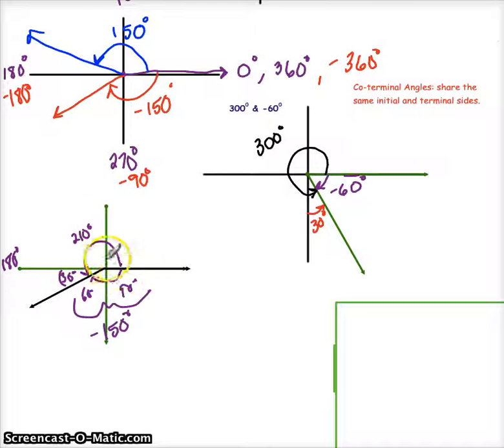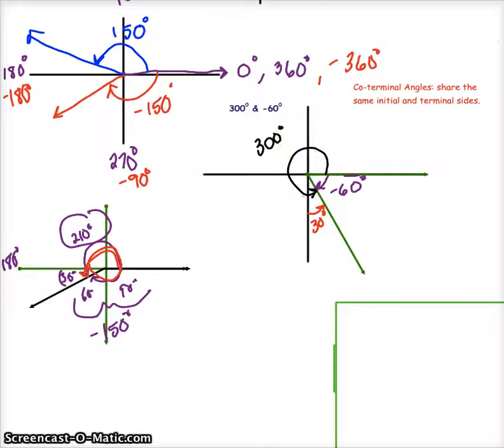What if I wanted a coterminal angle that is positive, not negative like negative 150? Let's see how we would do that. If I wanted to land on this same terminal side, I could travel all the way around the coordinate plane and then back again to that terminal side. So let's see what that gives us.